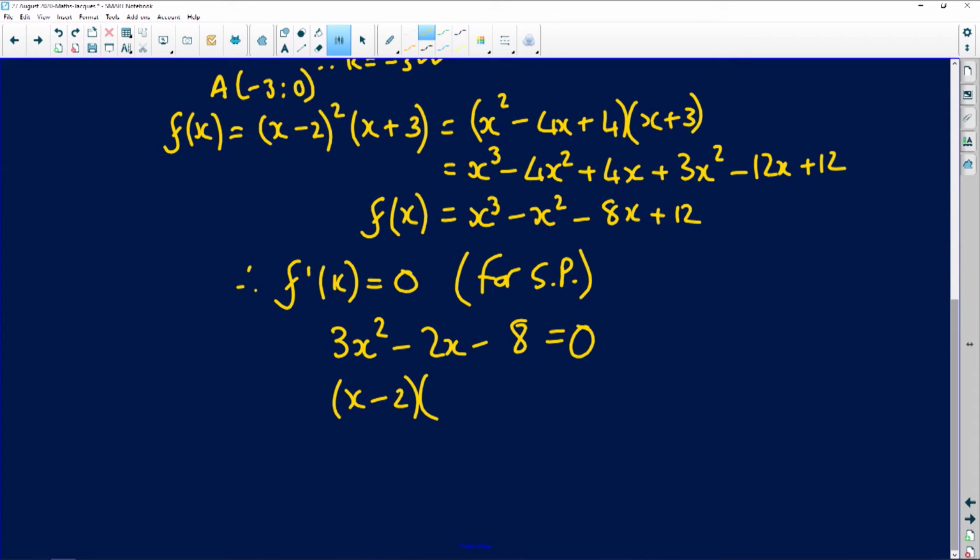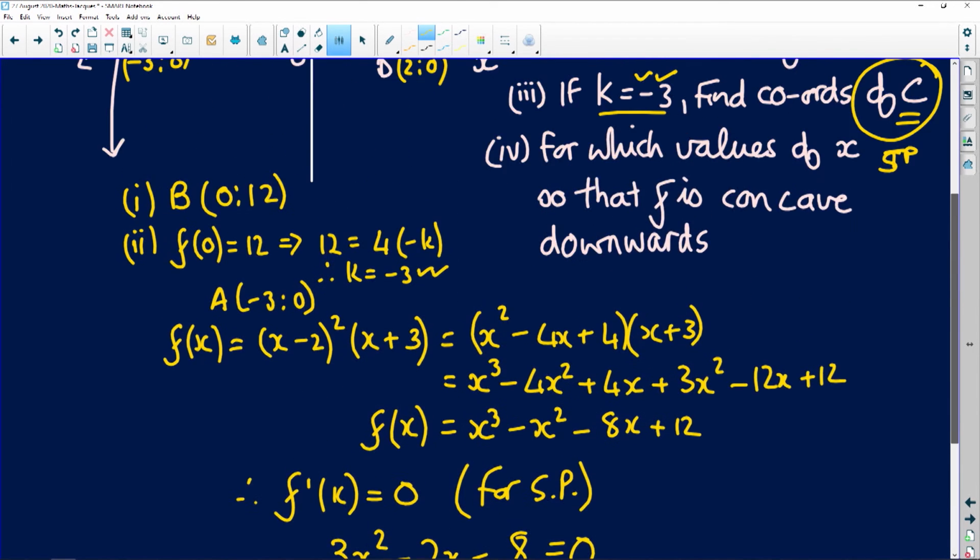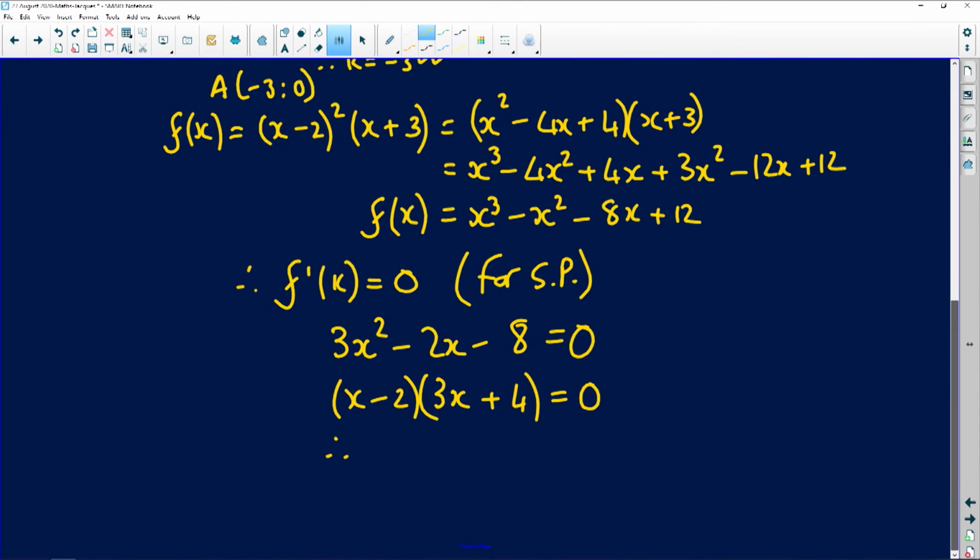Then I say, okay, to get 3x squared, I need 3x. To get minus 8, I need plus 4 over here. Let's see if we were right. We get minus 6 plus 4 is minus 2. That gives us minus 8. Voila, we are indeed correct. And remember, they only asked us for C. So we can now say the x coordinate for point C is this, minus 4 over 3.